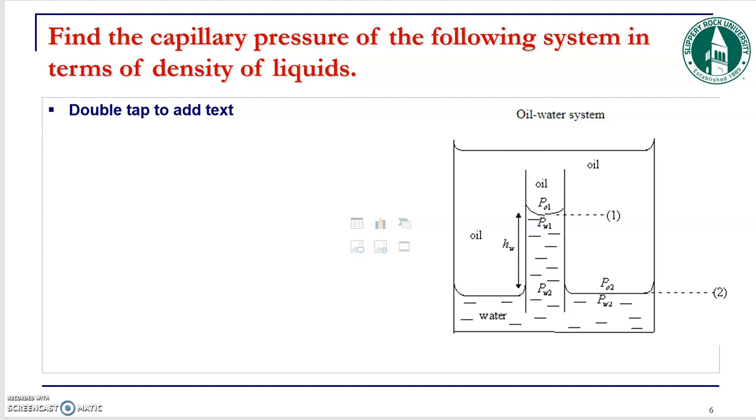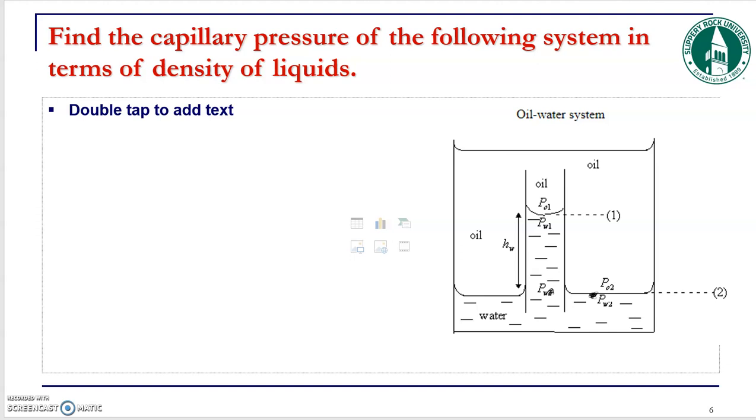The reason is that these 2 points are in the same fluid, exactly at the boundary of these two phases.